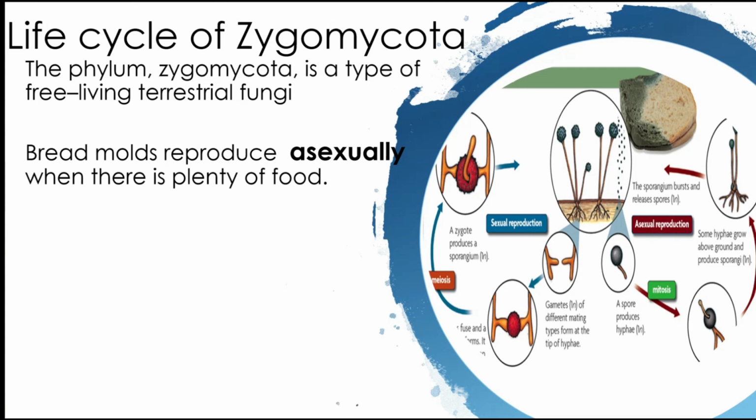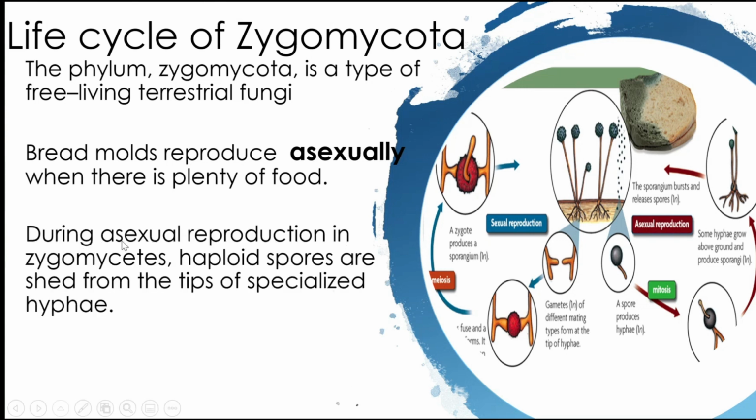And also in asexual reproduction there is no need for gamete formation or sex cells. That's why it is not taking a lot of time, so it's considered a faster way of reproduction in comparison to sexual reproduction.